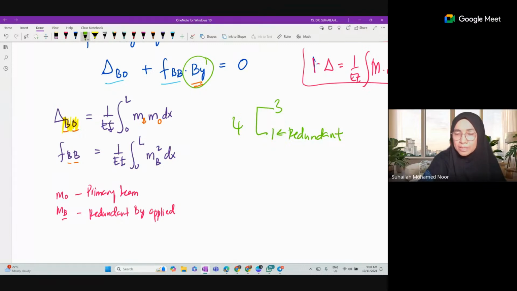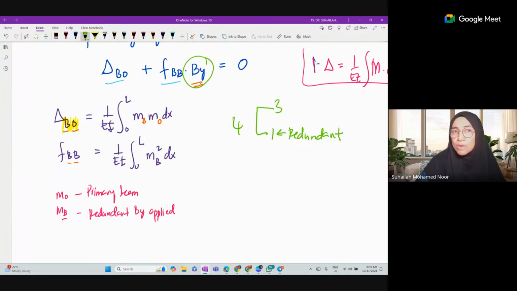The goal, the objective, the outcome of the flexibility method is to determine the redundant, because only after we get the redundant can we solve for the remaining reactions.